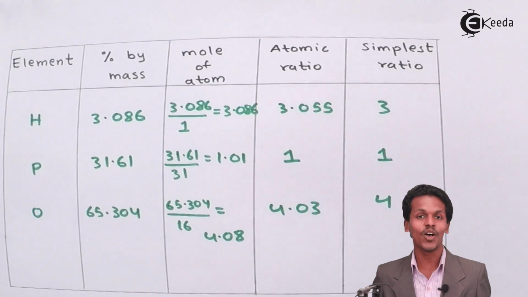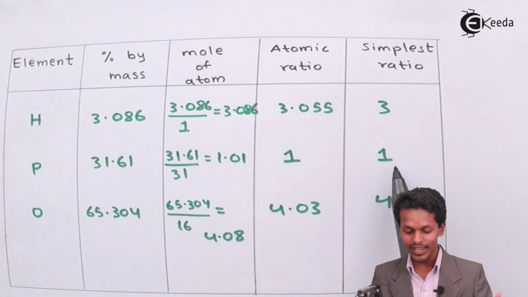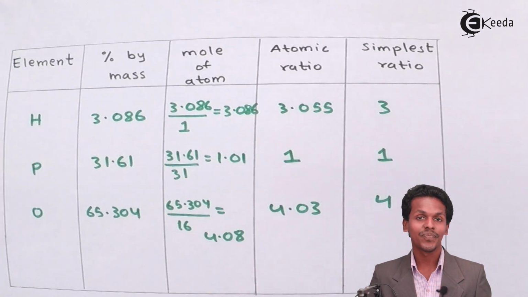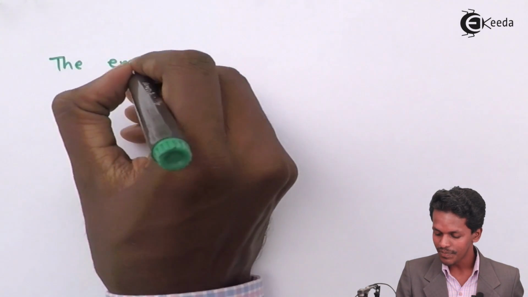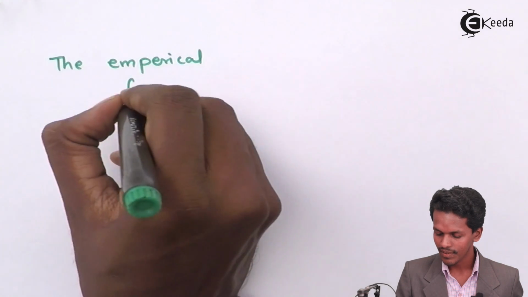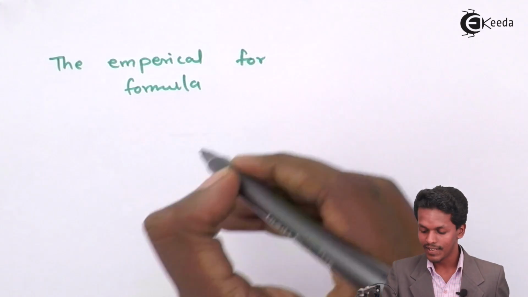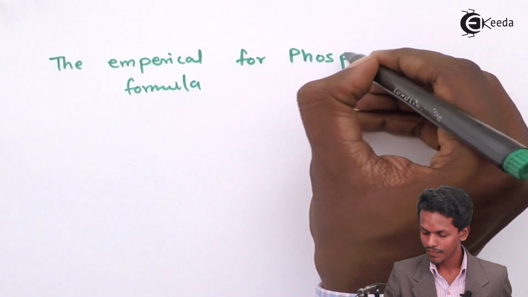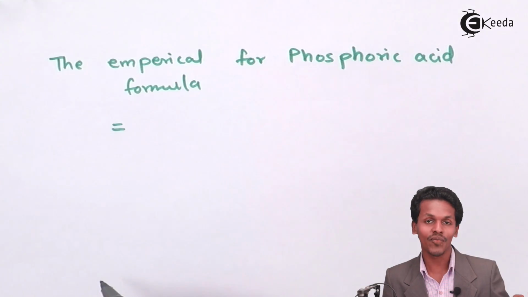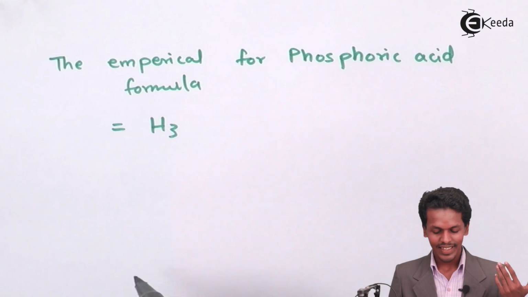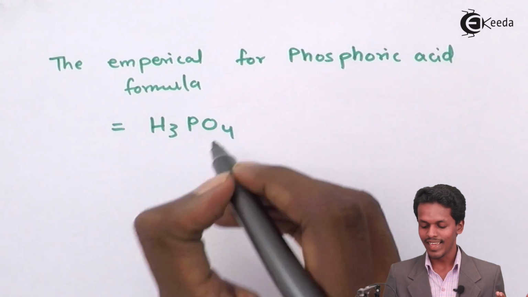So this is how we have calculated that hydrogen is of quantity 3, phosphorus is 1, and oxygen is 4. Therefore the empirical formula for phosphoric acid is 3 times hydrogen, that is H3, 1 times phosphorus, that is P, and 4 times oxygen, that is H3PO4.